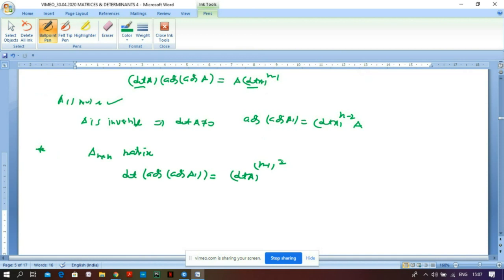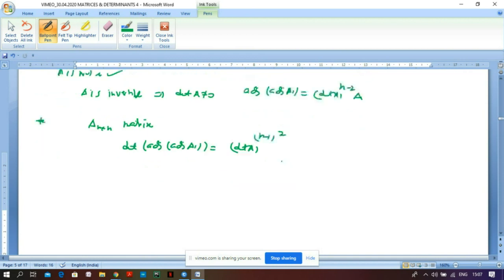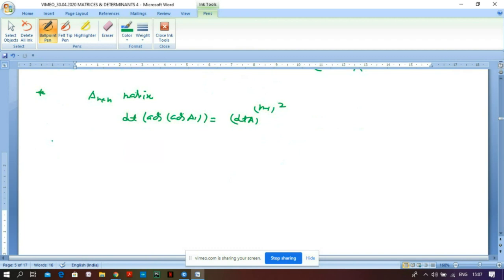This again we can prove by what we know already. We know det of adjoint of A is det of A to the power n minus 1. We just used the previous result. This is true for any A. So let's replace A with adjoint of A.